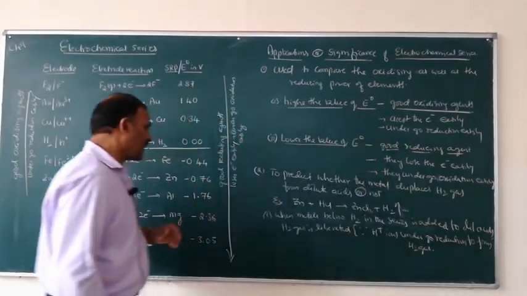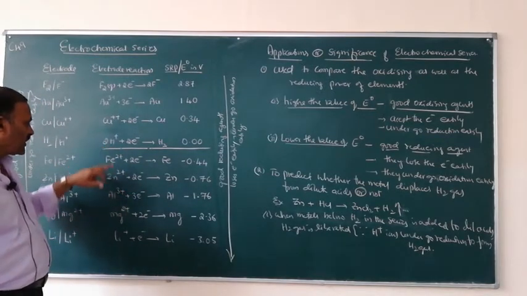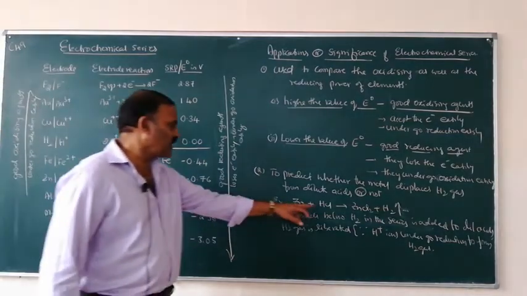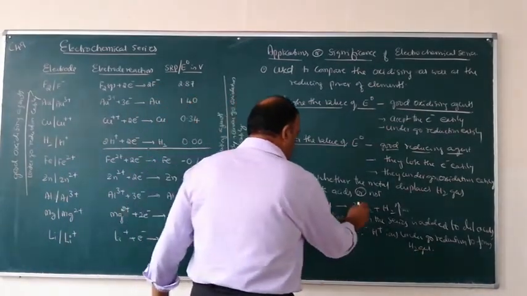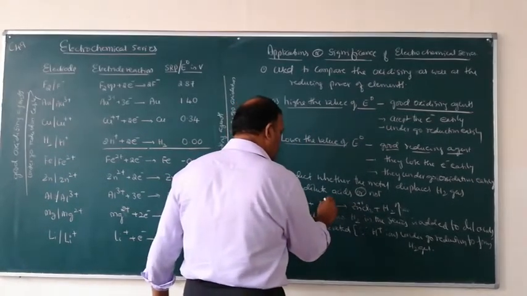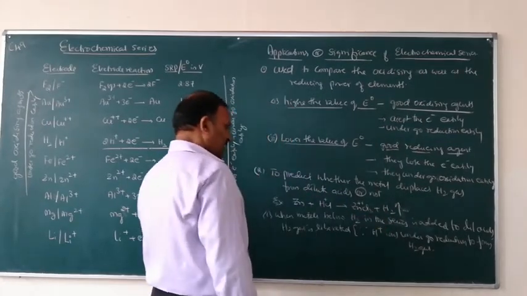So for example, here zinc is present below hydrogen in the series. When zinc is added to dilute HCl, what happens? Zinc undergoes oxidation and hydrogen ions undergo reduction, forming hydrogen gas.